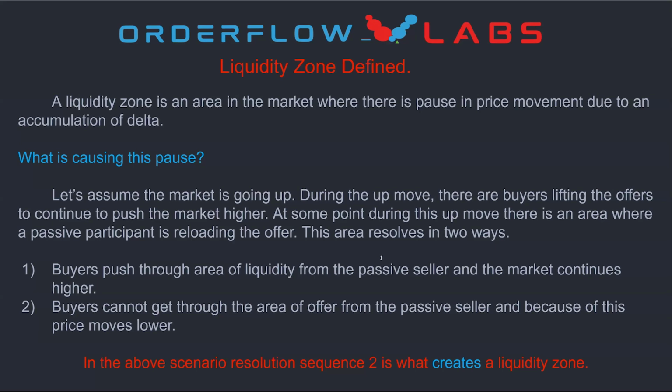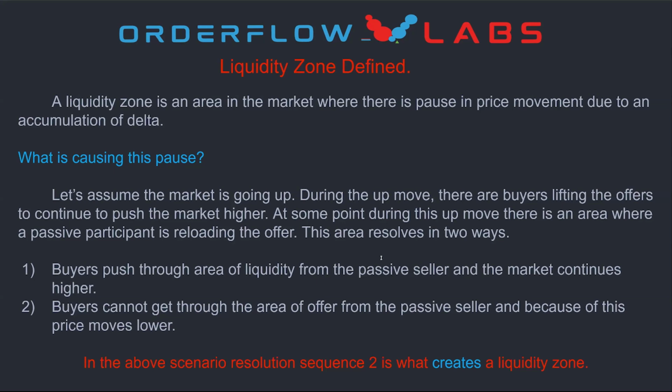And this will make a lot more sense in just a minute if you don't know what I'm referring to here. So in this scenario, the market's going up. We bought the market. There's a passive seller just sitting on the offer and reloading, and we'll talk about what reloading is. Basically, this resolves in two ways. Either buyers can push through that liquidity and the market continues higher, which is kind of a non-event, or buyers cannot get through the area of that passive seller, because the passive seller has too much firepower for those buyers to get through, and we'll see counter rotation to the downside.